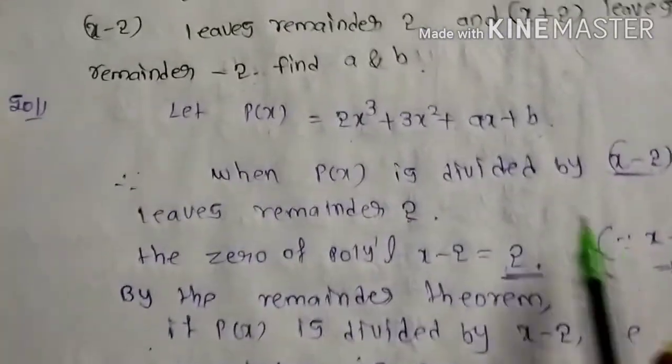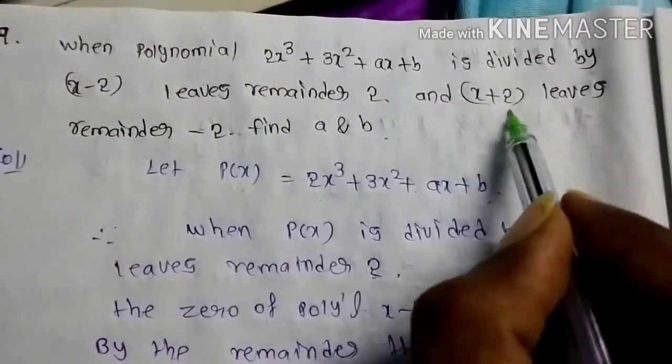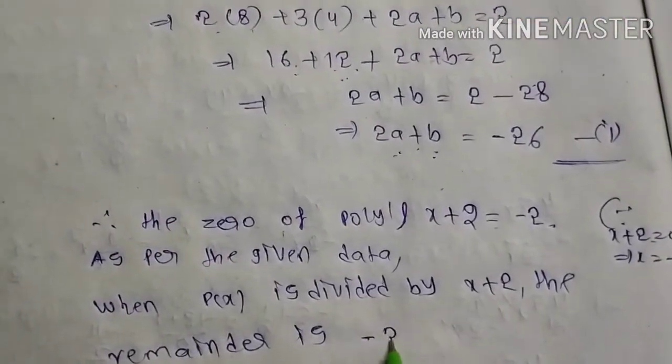See here, x plus 2 leaves the remainder how much? Minus 2. Remainder is minus 2.